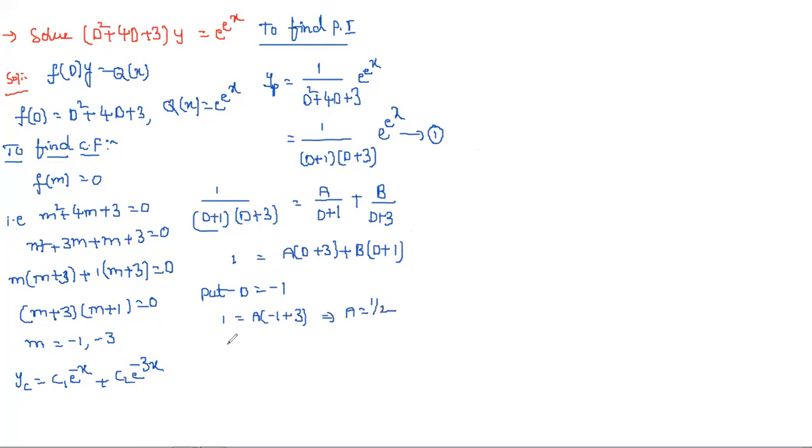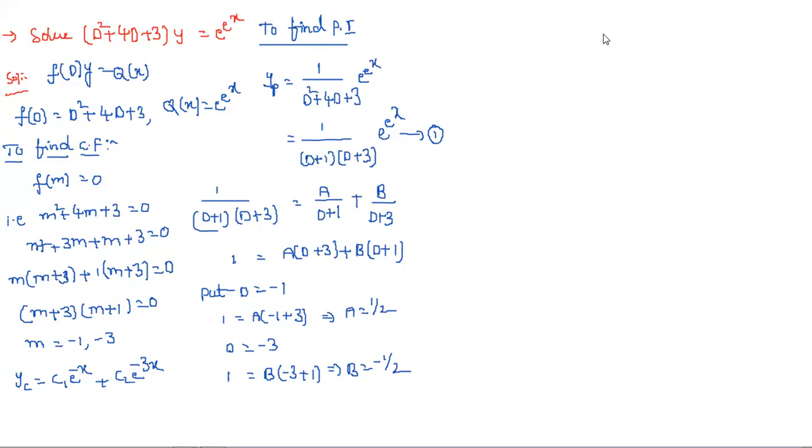And next put D = -3. Then 1 = B(-3 + 1), so B = -1/2.